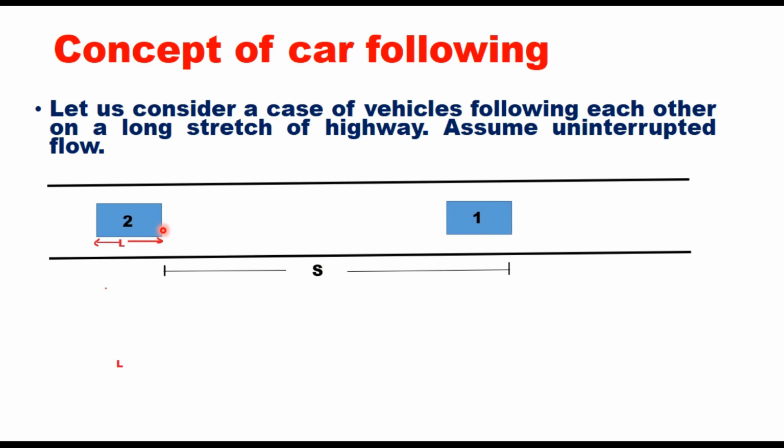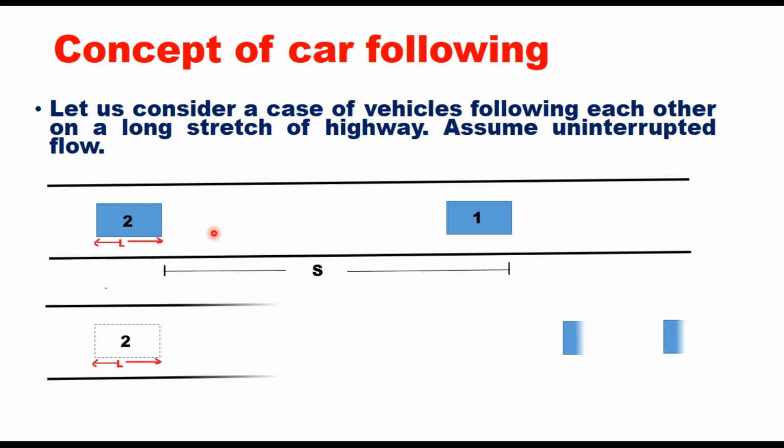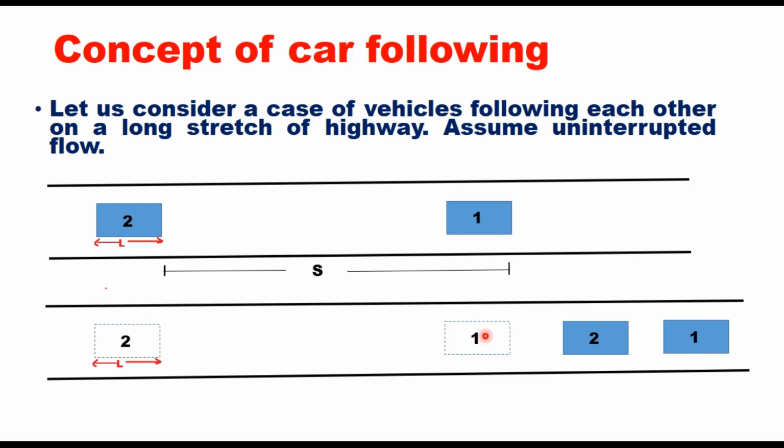So it will take some time to react to the action of this leader. And after that, the following vehicle will also apply brakes. So the position is like this, that this vehicle 1, that is leader, decides to decelerate and it comes to stop position here. And this vehicle will take some time to react and then apply the brake.